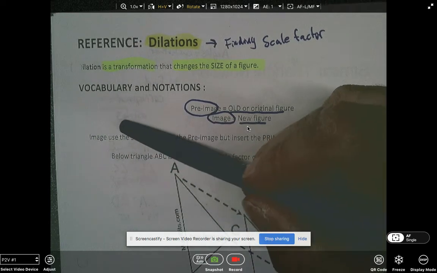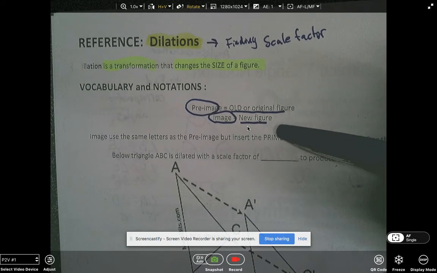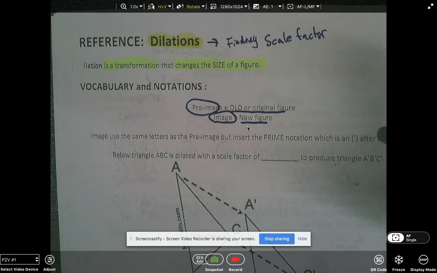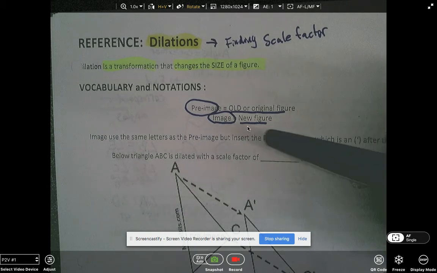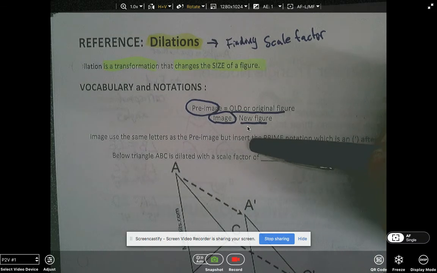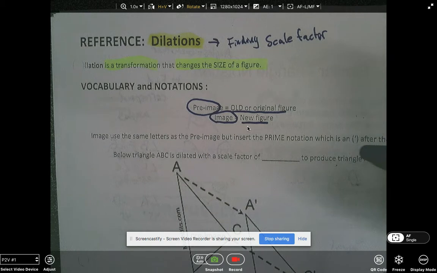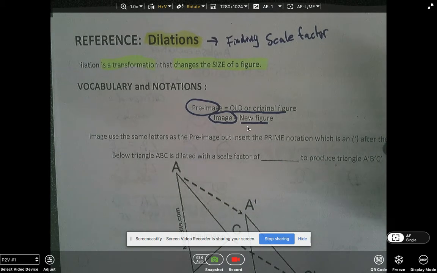The image uses the same letters as the pre-image, but you insert a prime notation, which is an apostrophe after the letter. So angle ABC is dilated after a scale factor of blank to produce A prime, B prime, C prime.